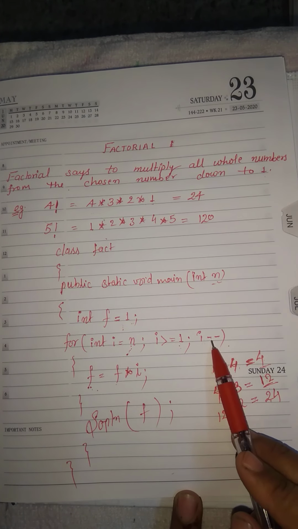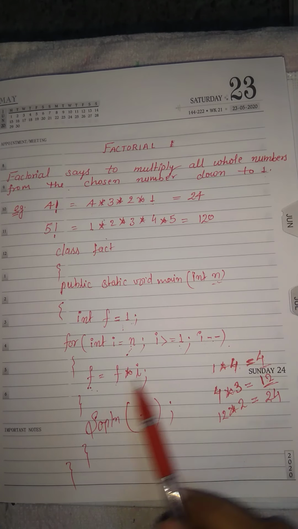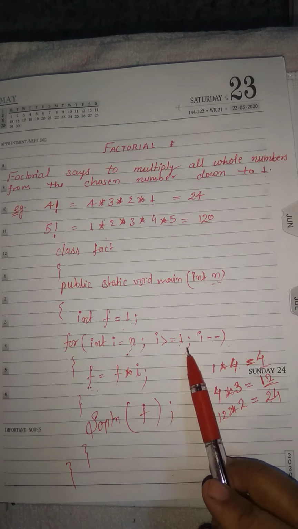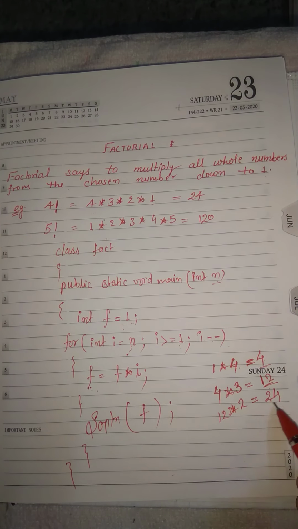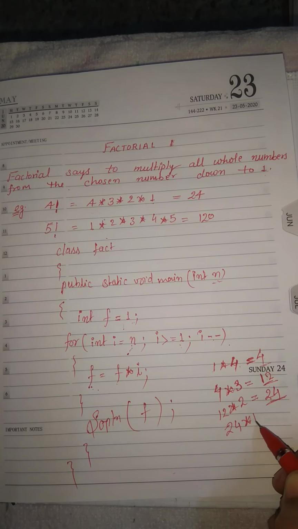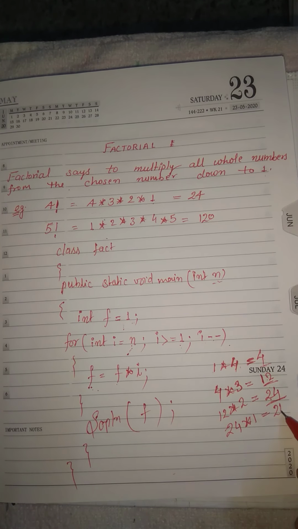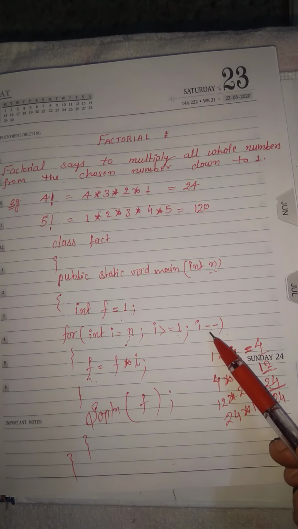Then again it comes here, decrease the i value. Now i value is 1. 1 is equal to 1, so the condition is true. Control comes here. Now f value is 24. 24 into 1 is equal to 24. After this decrease the i value.